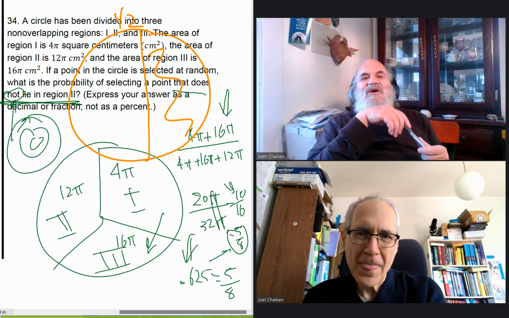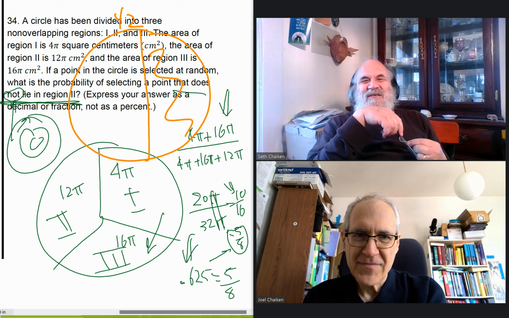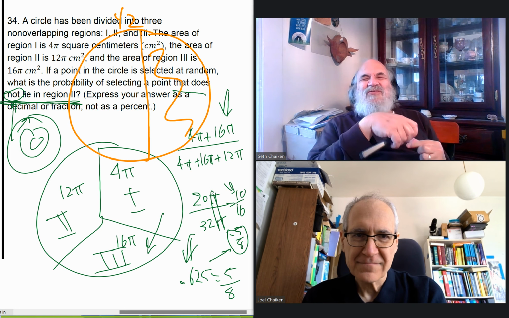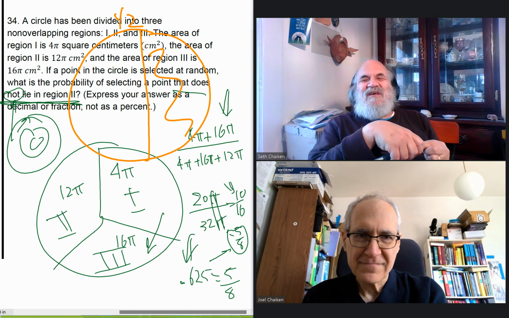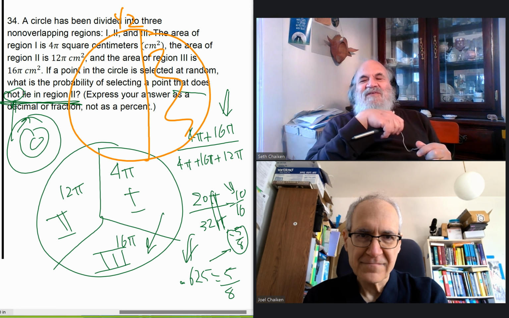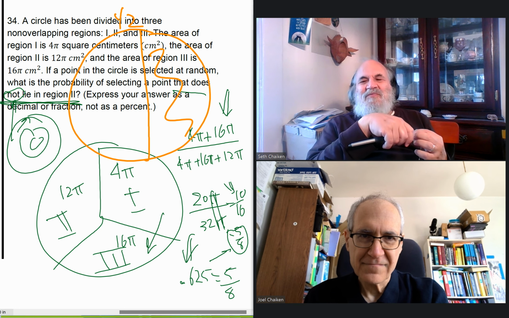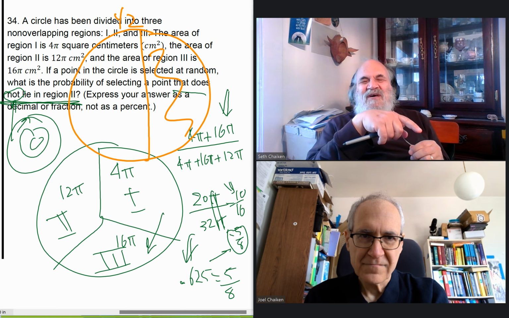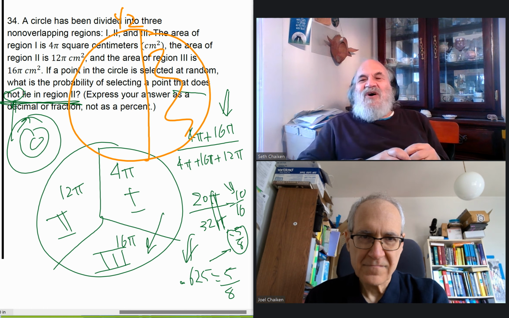The thing is, with a dartboard or an archery target, you cannot assume that the probability of hitting a given region is proportional to the area. It's because when you aim a dart or an arrow, you try to get it as close as possible to the center.